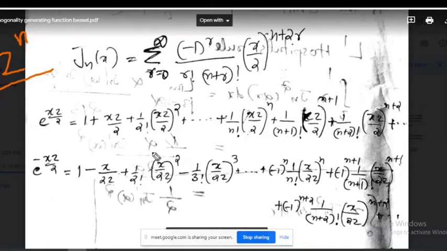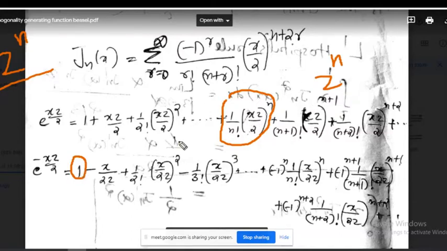Multiplying means multiplying each term of the first series with every term of the second series. So when I multiply this term with this, then I have z to the power n here.